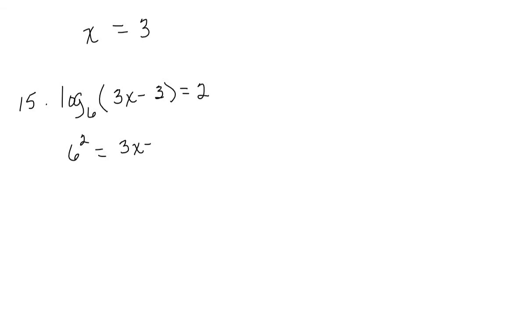Well, this is just a basic equation like we did in transition math. And once you get that 6 squared in there, it looks pretty easy. So you just solve this like you normally would, and you get 13 for your answer.